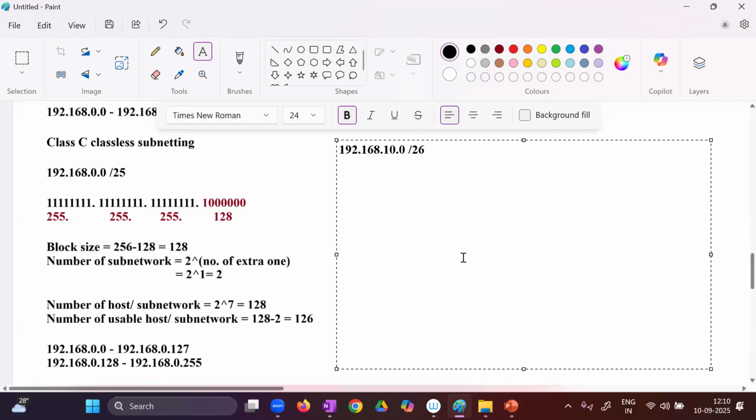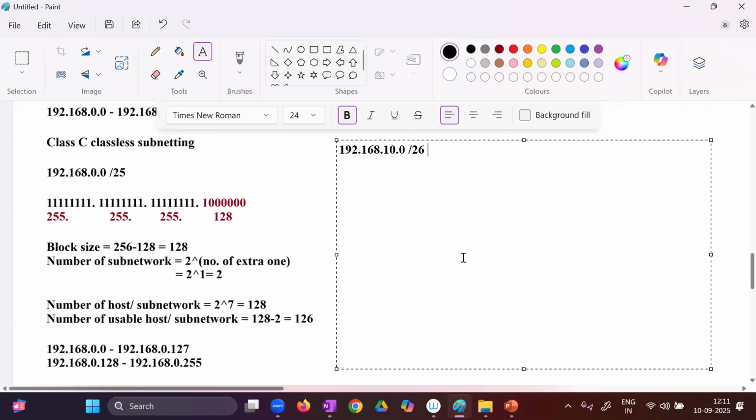You try to solve this, then I will solve. This is the question.